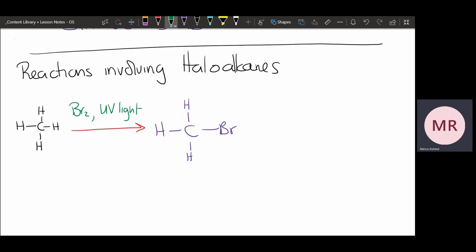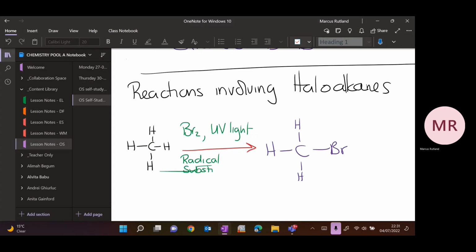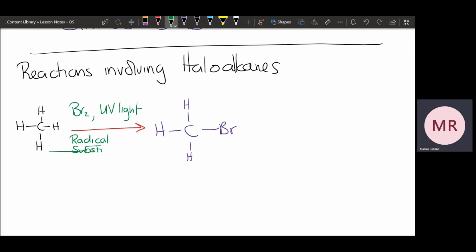And we'll discuss a reason for that. This is a substitution reaction. It's actually called radical substitution. And you would get HBr as well given off.